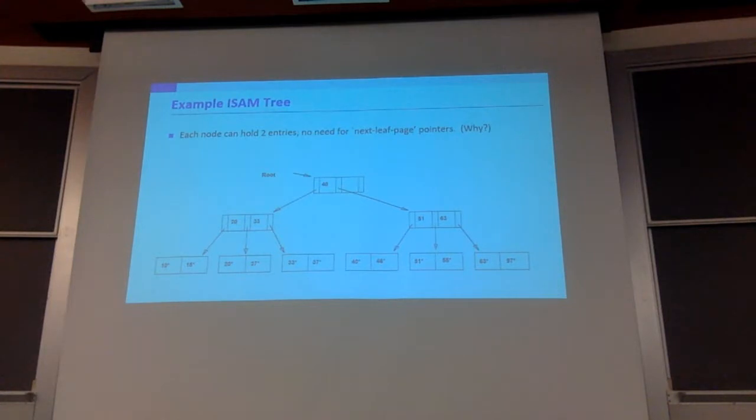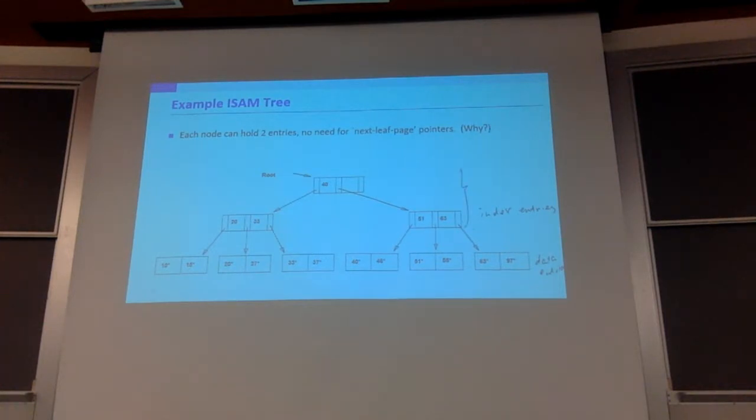Here's an example of this. Suppose this is your ISA entry, and this level are data entries. They are not data records, they are just data entries. And this is the level one above the data entries. They are index entries, and this is also index entries.